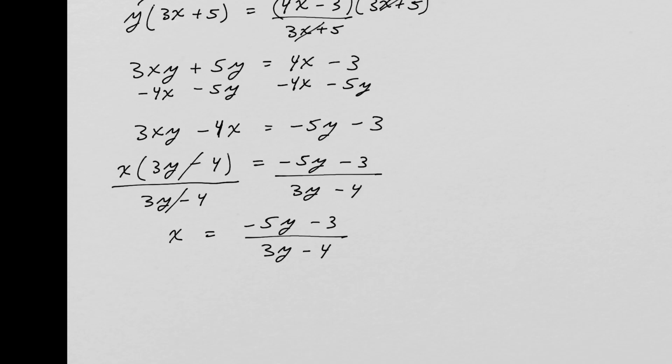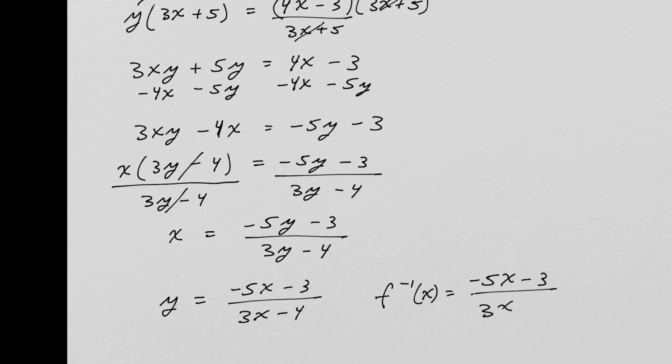Here's where we switch variables, so the x becomes y and the y's become x's. And that new y is my inverse now, so this is just another way of saying f inverse of x is (negative 5x minus 3) over (3x minus 4).